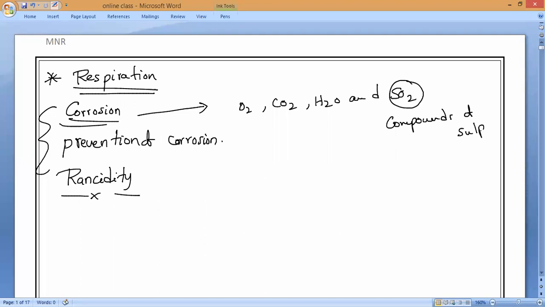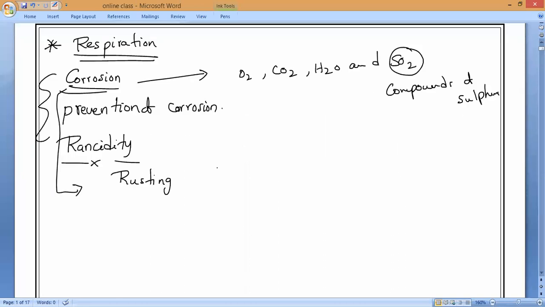If you notice, in this corrosion, if iron metal is reacting with the atmosphere and spoiling, then for iron alone we call it rusting, or rusting of iron. In the last class, I taught you totally 4 metals. If iron reacts with atmospheric gases, carbon dioxide and water vapor, what will it form?